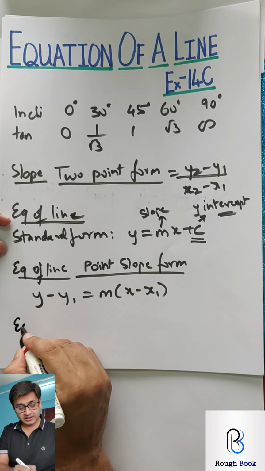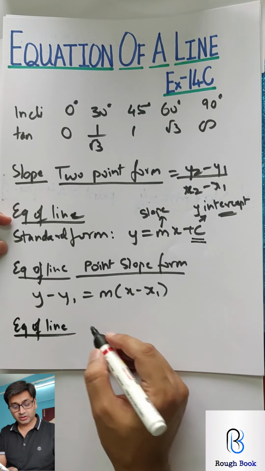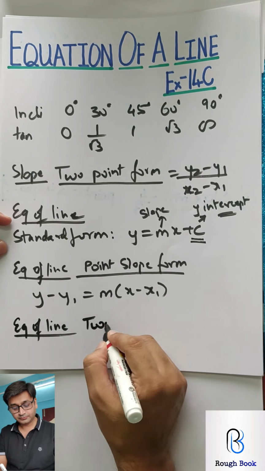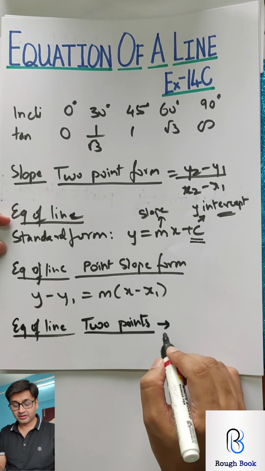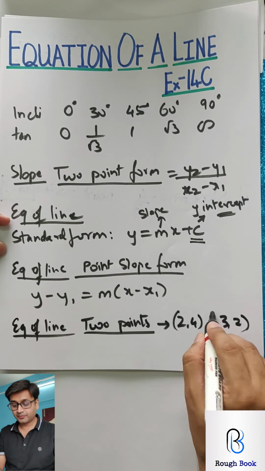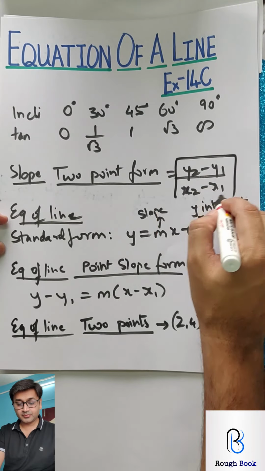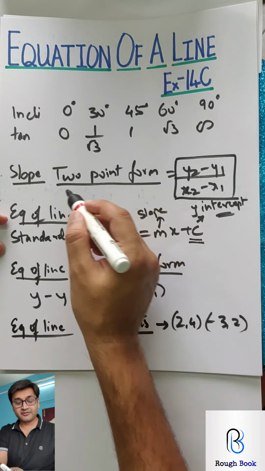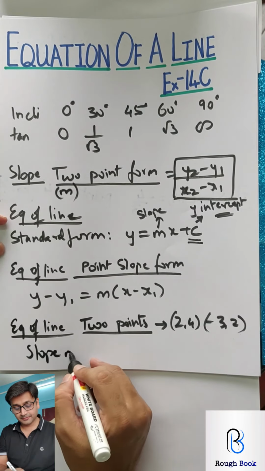For the last part, equation of line, this is basically connected to the previous one, where 2 points are given. This is nothing new. What will you do? If 2 points are given, let's say 2, 4 and minus 3, 2, then you take both the points, use this 2-point form and find the slope m. So first you find the slope m.